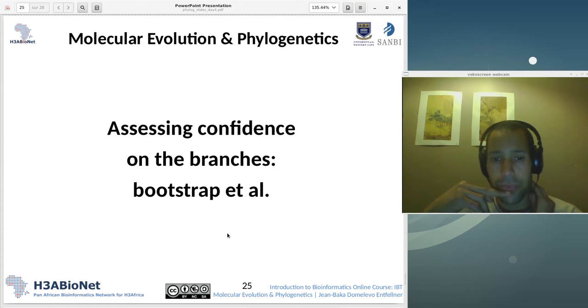So, the final part in this course on molecular evolution and phylogenetics is about assessing confidence on the branches of a phylogeny. So, once we have determined that this tree is the best one, we have our best tree, we are very happy with it.